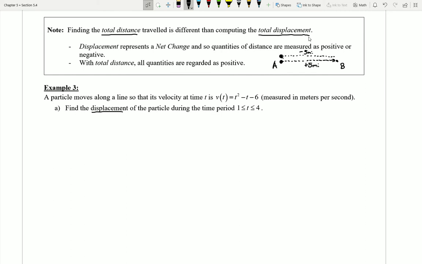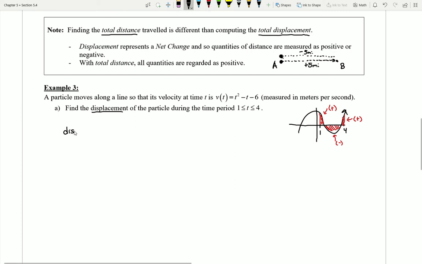One important thing to note is that whenever I was working with an integral, going from something like 1 over to 4, our integral accounted for area that was below the x-axis as being negative area, and area that was above the x-axis was regarded as positive. And so because of this, our standard integral is actually going to compute for us displacement, which is really nice.